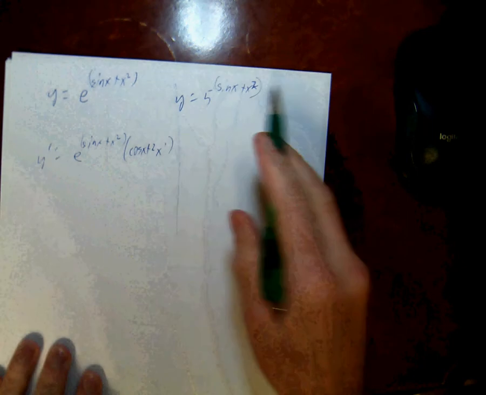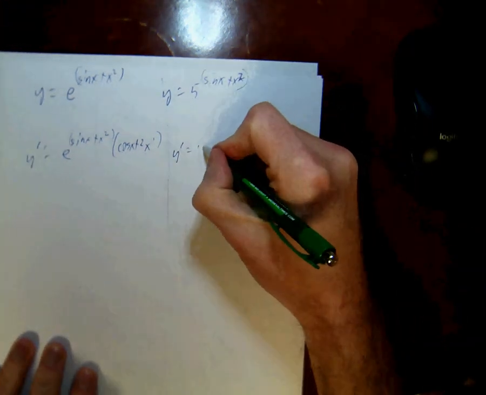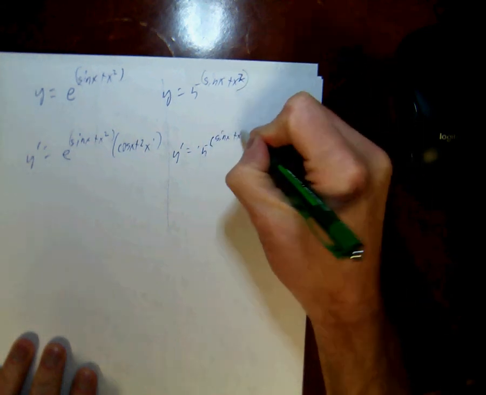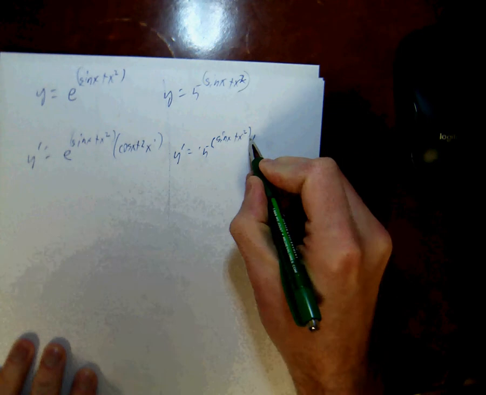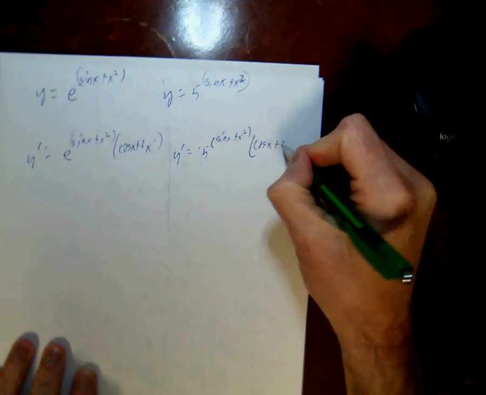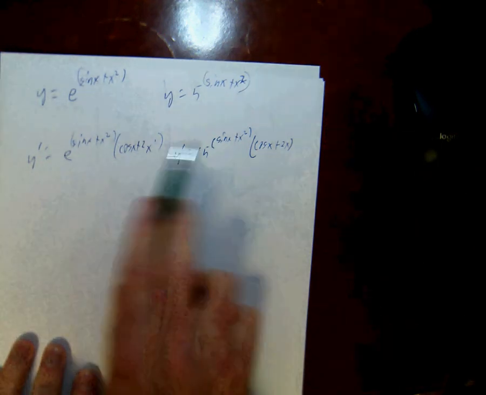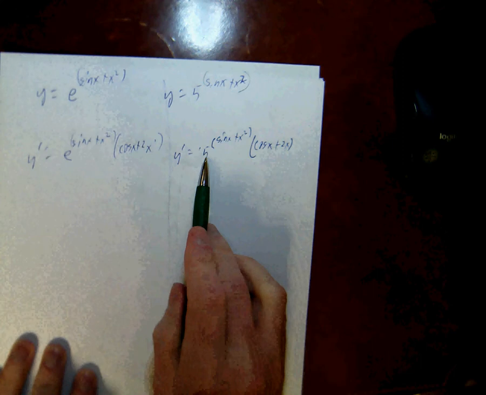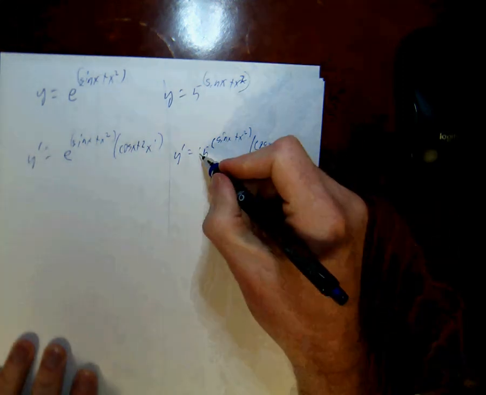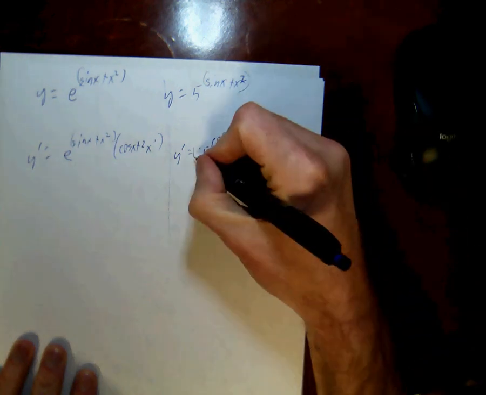The derivative of 5 to stuff is going to be 5 to stuff, which is sine x plus x squared, times the derivative of stuff, which is cosine x plus 2x. So what I'm doing is virtually what I did over here, except because I'm not dealing with e, I need my adjustment, and my adjustment is going to be natural log of 5.